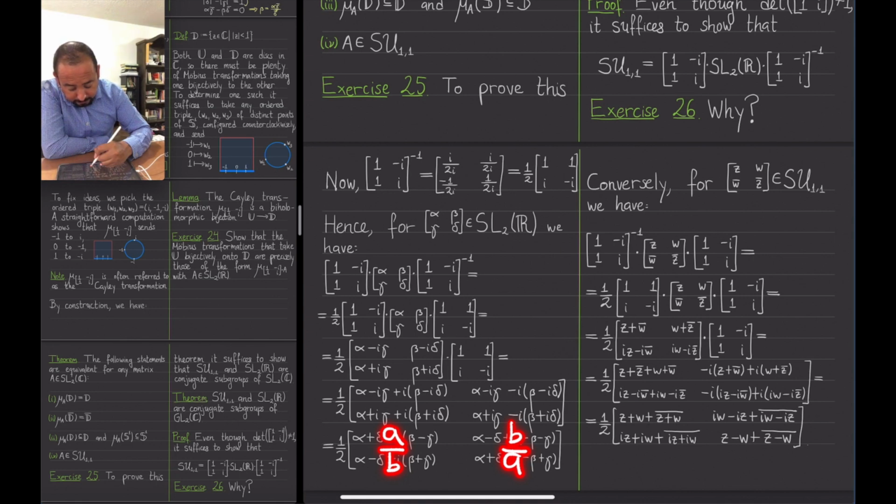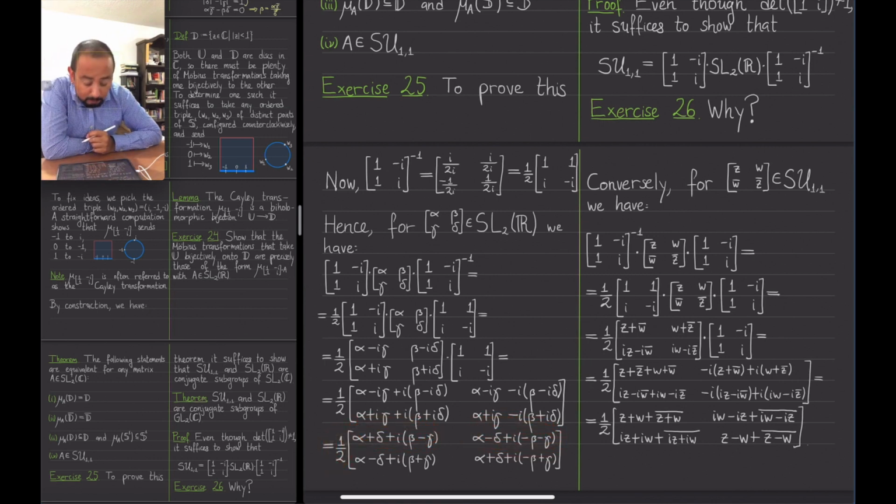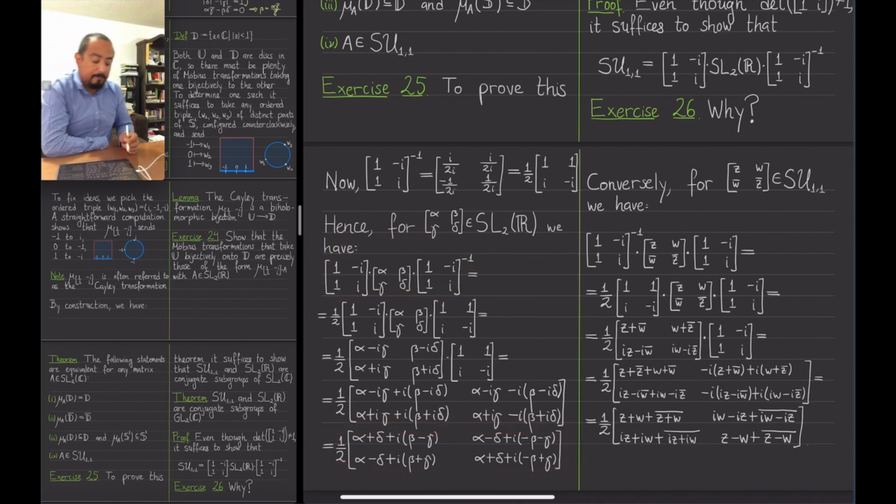The determinant is 1, so the norm squared of this one minus the norm squared of this one, after multiplying with 1/2, is 1. So this matrix definitely is in SU(1,1), because we already knew that this one had determinant 1.